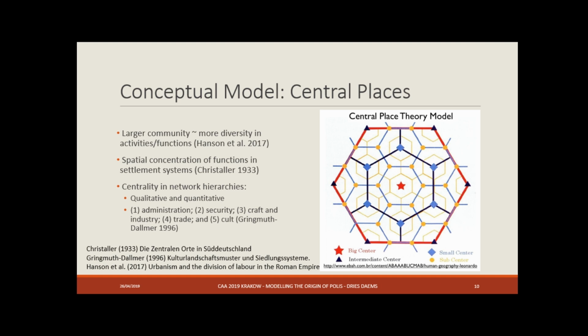One of these applications, which has been discussed in a very detailed way by John Hansen in the first talk, is that as communities grow larger, you have more diversity in functions within a community. Now, if we look at that diversity of functions not only on the level of a specific community, but of a general settlement pattern, then we see that these functions can also be spatially concentrated within the landscape.